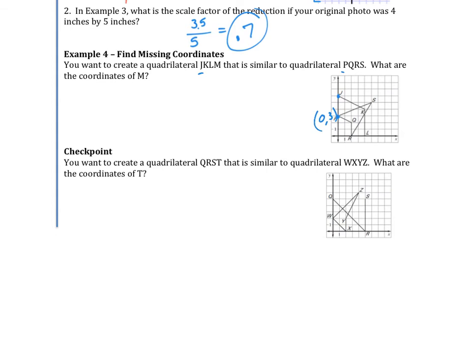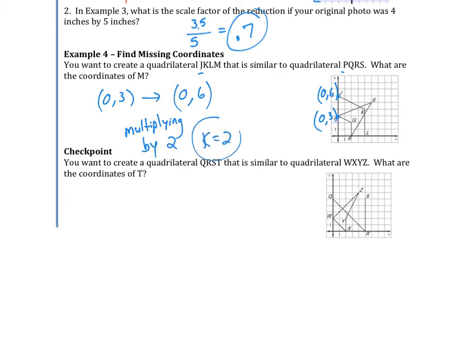And the coordinates for J are 0, 6. So to go from 0, 3 to 0, 6, what is happening? We are multiplying by 2. So the scale factor is 2.